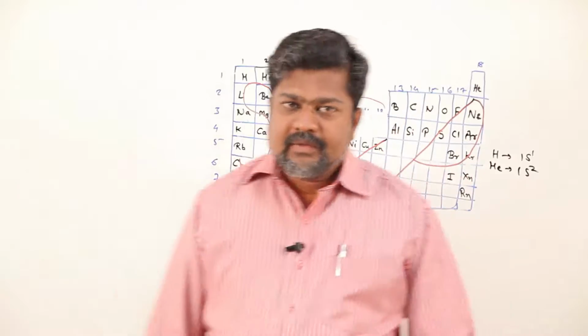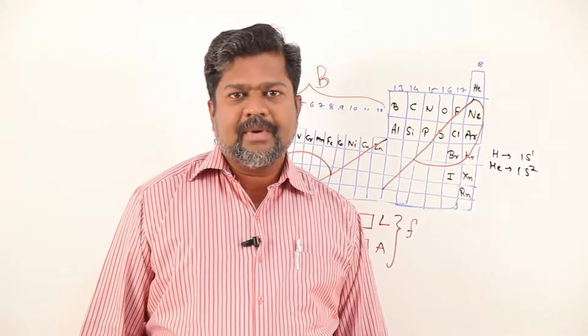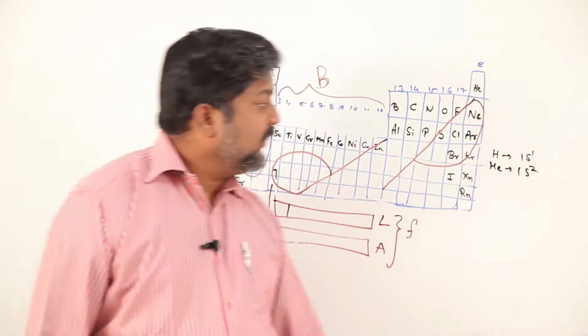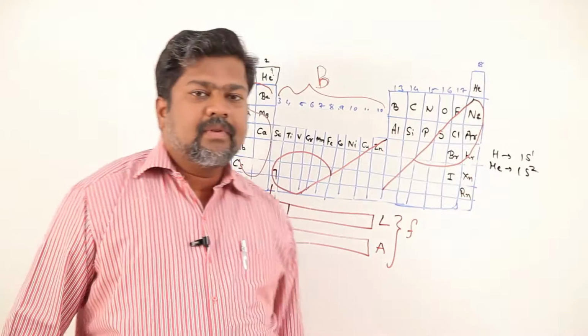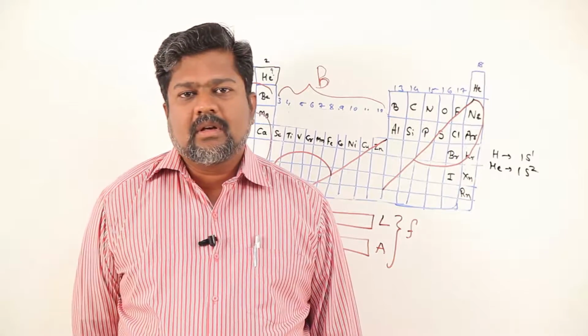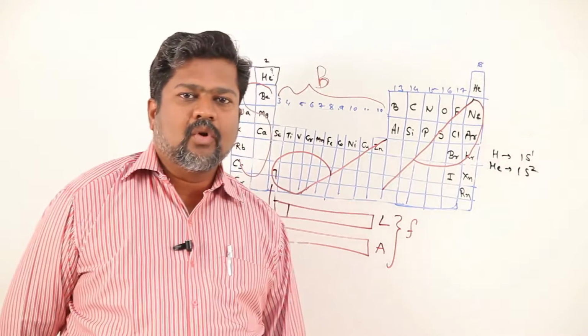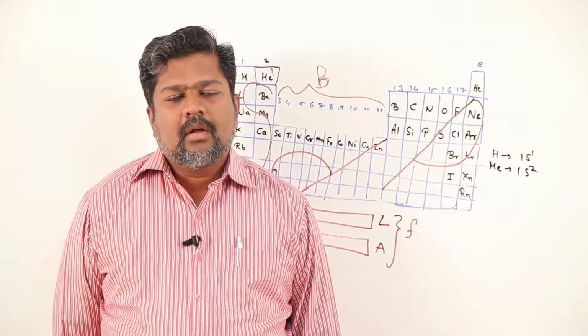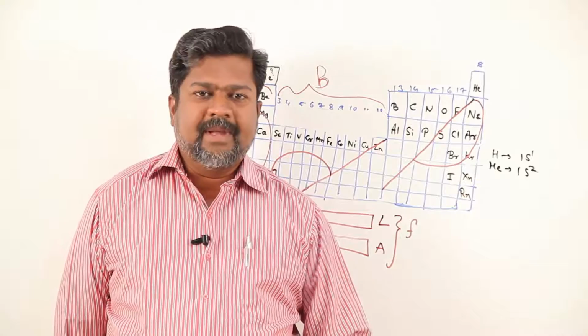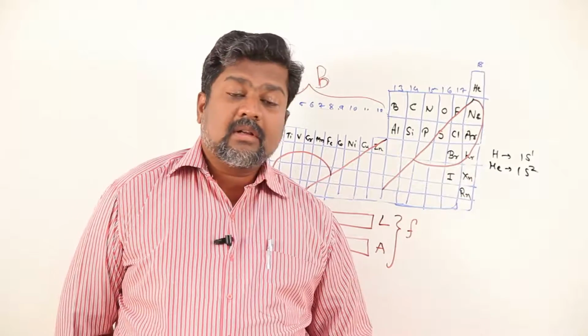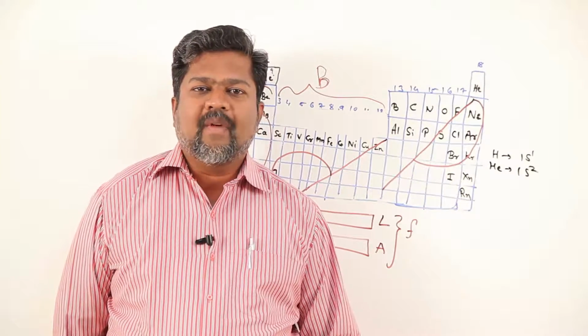Okay, let us check out these concepts also, because they are part of our chapter. The last group, group 18, in earlier days was called the 0 group or group 8B. These elements are having 0 valency.